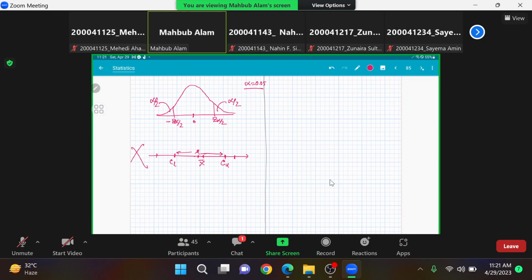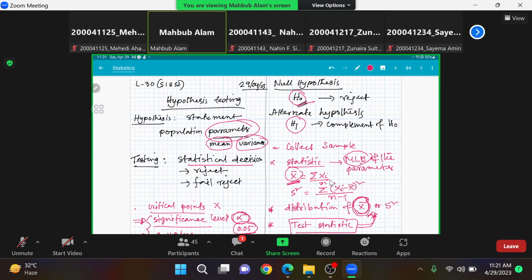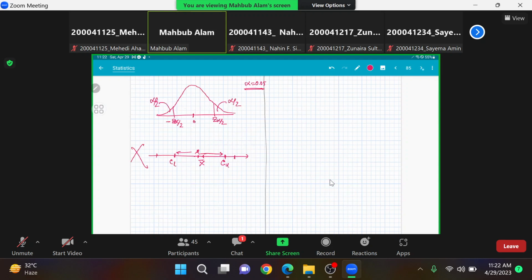What we do here is, since we have the distribution of the parameter X bar or S square, we need to convert X bar into a standard normal form.